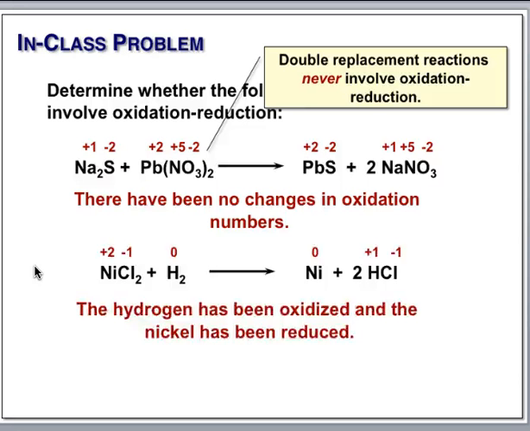This is a redox reaction. Hydrogen has gone from 0 to +1. It lost an electron. It's been oxidized. Nickel has gone from +2 to 0. It gained 2 electrons, and it has been reduced.